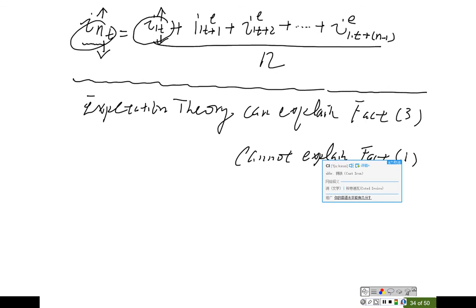What about the fact 2? Fact 2 say the interest rate on the short-term bonds are occasionally higher than interest rate on the long-term bond. Again, they try to make decision the size of this rate and this rate here. So which one is bigger?